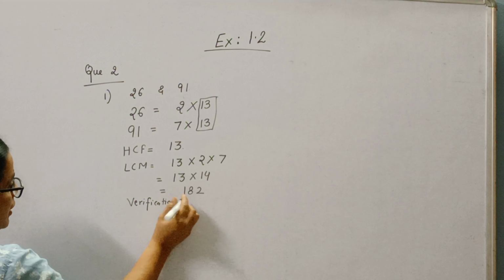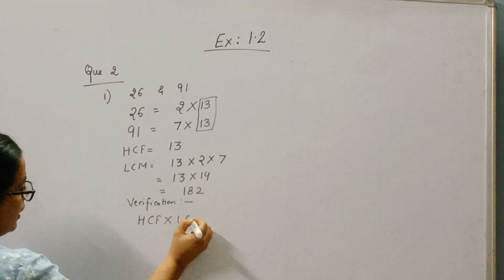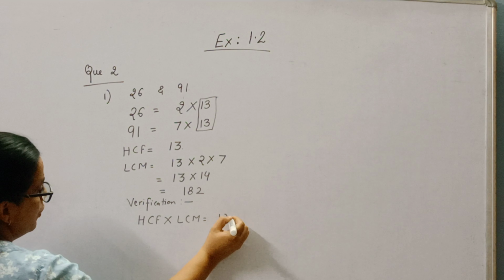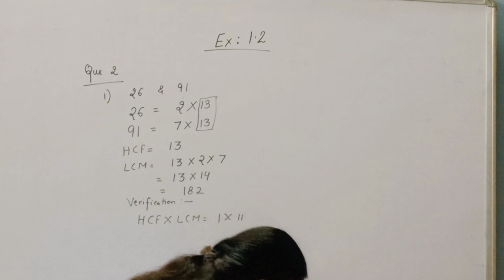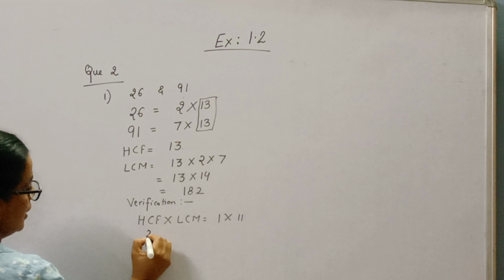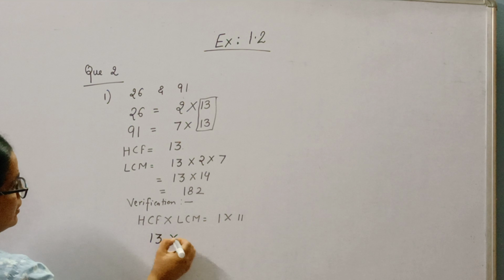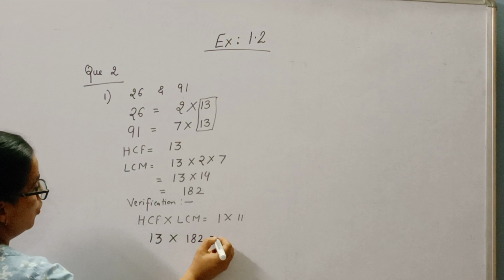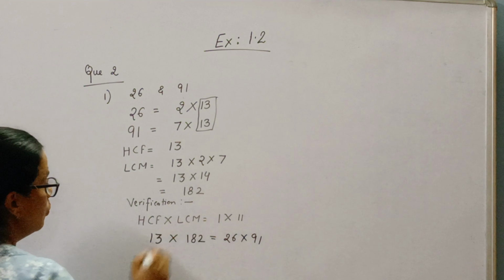Okay. Now we will do verification. The verification is HCF into LCM is equal to first number into second number. Our HCF is 13, LCM is 182, first number is 26 and second number is 91.